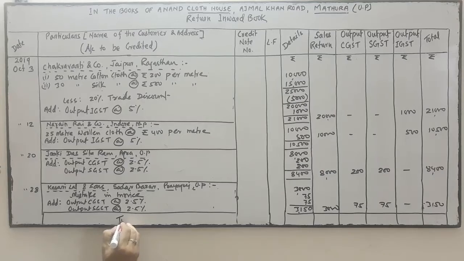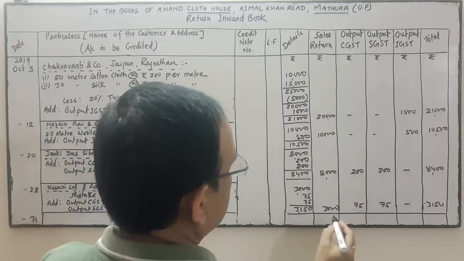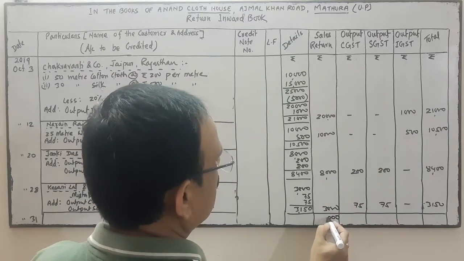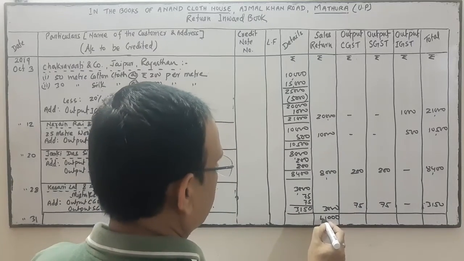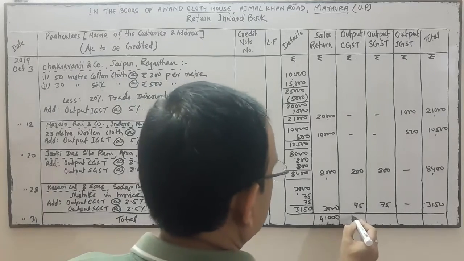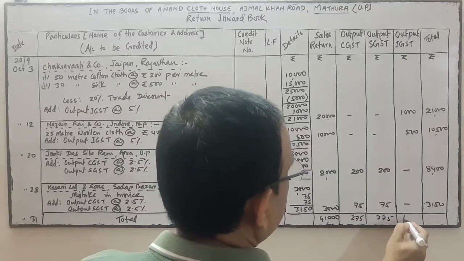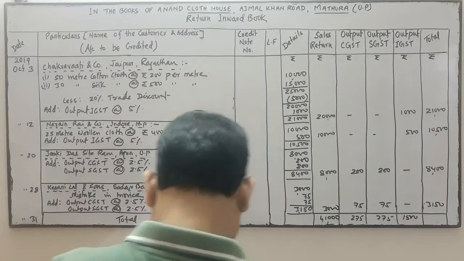Now we will do the total. So the date at the end of October will be the 31st. Now do the total over here. 41,000. This is 275. This is 275. This is 1,500.